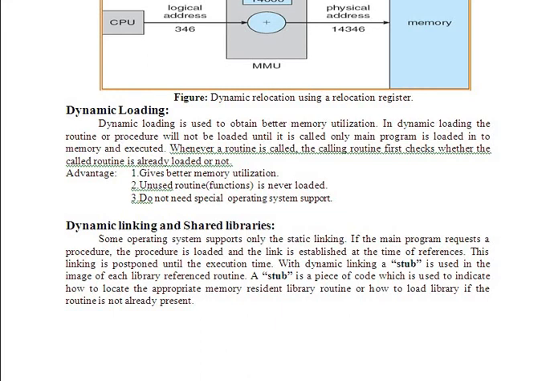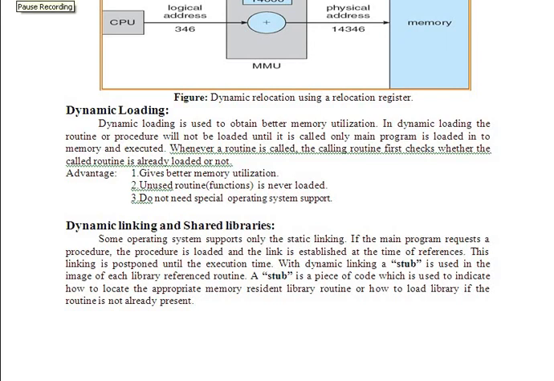I repeat, only the main program is loaded. Whenever a demand comes for a particular routine or function, it is pushed into memory and used for execution. This helps increase the utility and efficiency of memory.